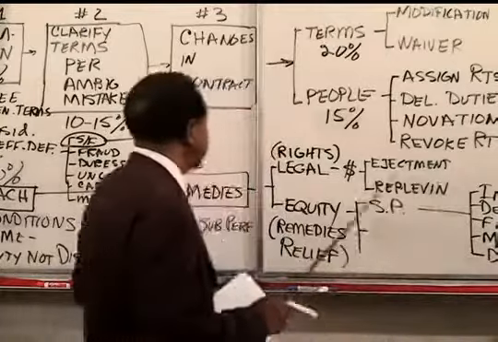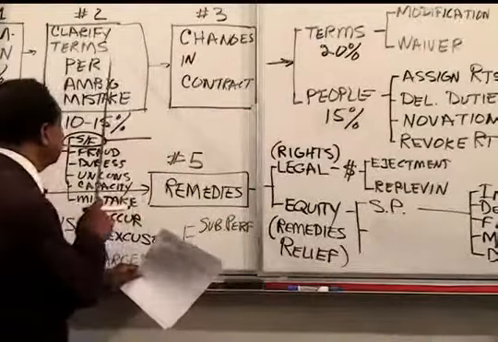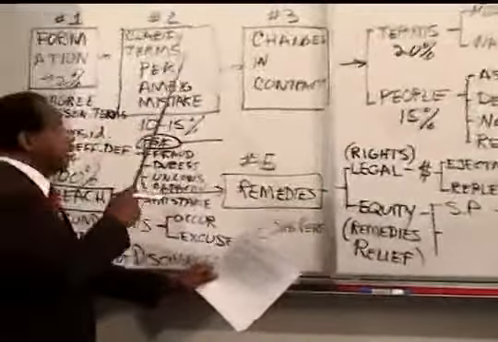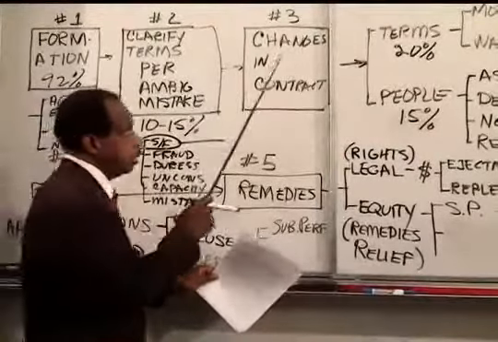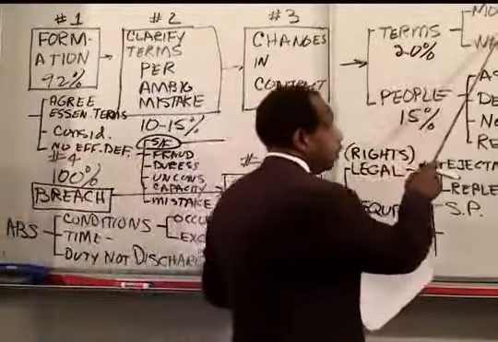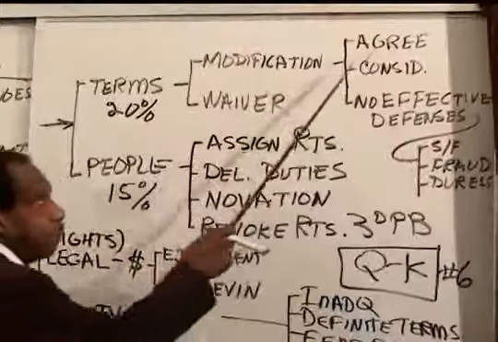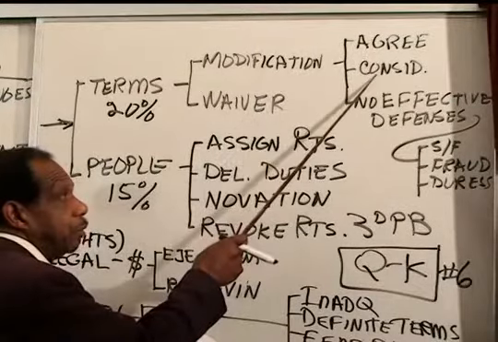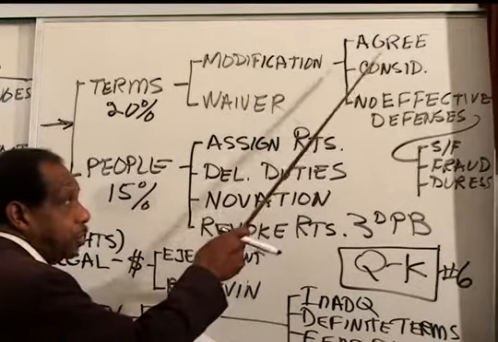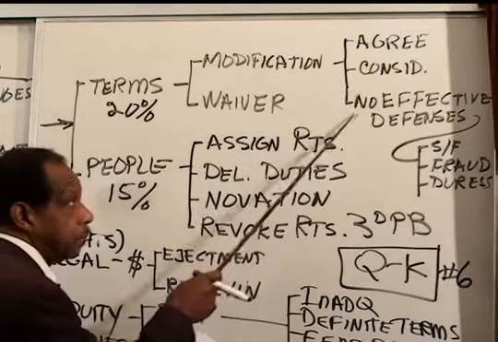So we don't have any problem in this problem regarding clarifying the terms. We formed a contract. We do not have to clarify terms. They're trying to make a modification. The modification, what do you need? Just like before, you need to agree on the essential terms. You don't need consideration for a modification under the UCC, and look for defenses.